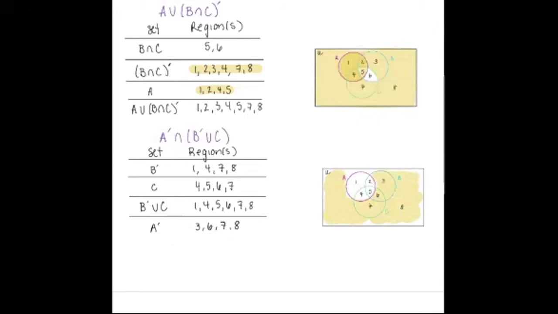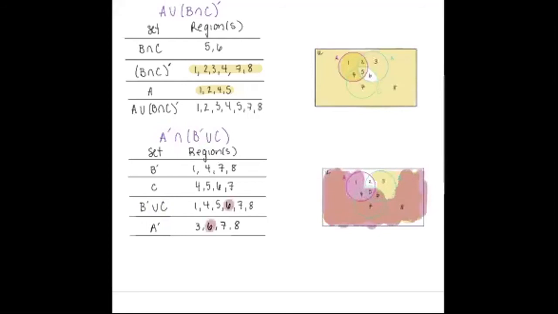And so we are almost there. I've got A complement, I've got B complement union C. We're going to look at the overlap of these two sets. Okay. And so if I look at B complement union C, that's regions 1, 4, 5, 6, 7, and 8. And I want the overlap of these regions.